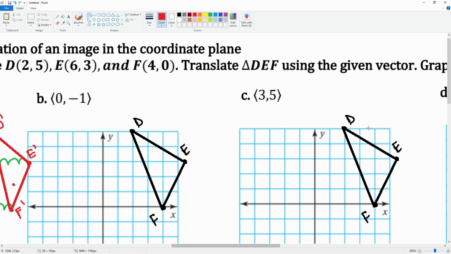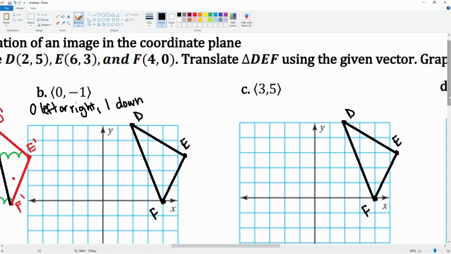Let's take a look at B. What does this mean? The first 0 means 0 left or right, and the -1 means 1 down, because negative means down for the second value. The second value refers to the y coordinate, and -1 means it goes down. So let's move everything down 1: this down 1, this down 1, and this down 1.